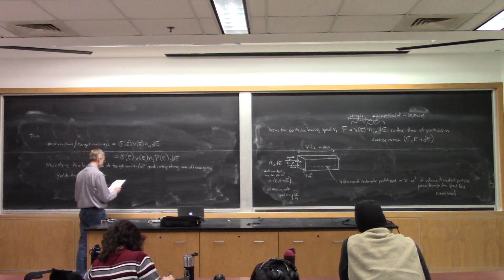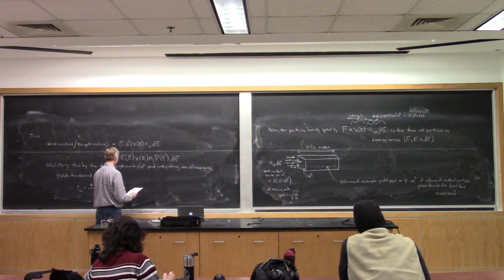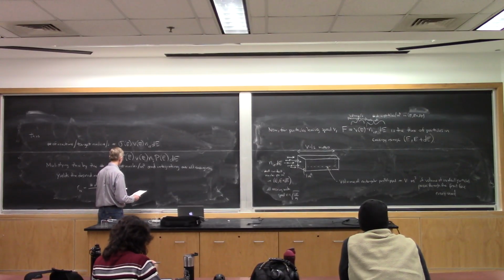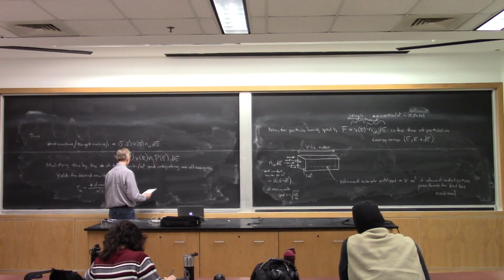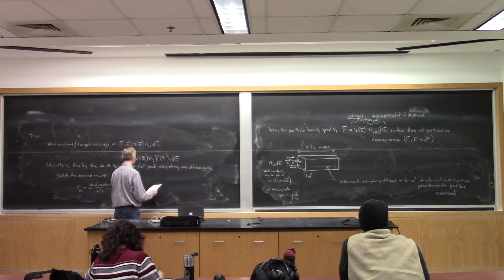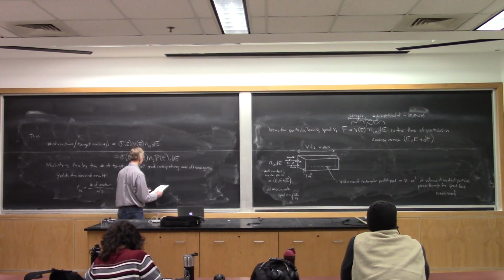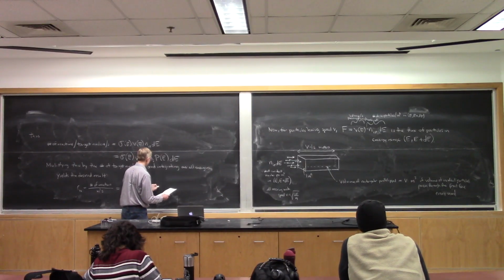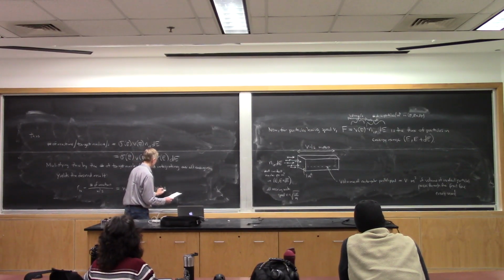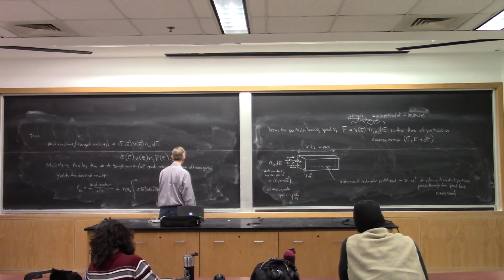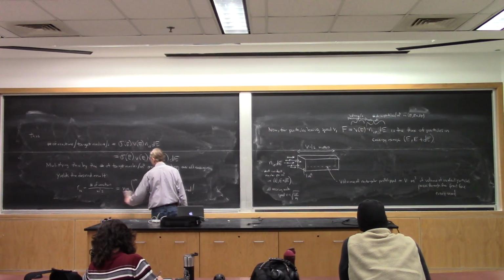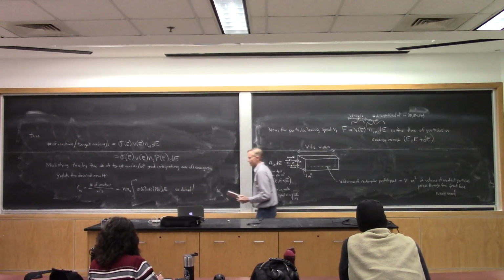The number of reactions per cubic meter per second will be n_i n_x times this integral from 0 to infinity of sigma of E, v of E, P of E, dE. As claimed long ago, you've probably forgotten what we were trying to show. But this is what we were trying to show, that that should be what R_ix is equal to.